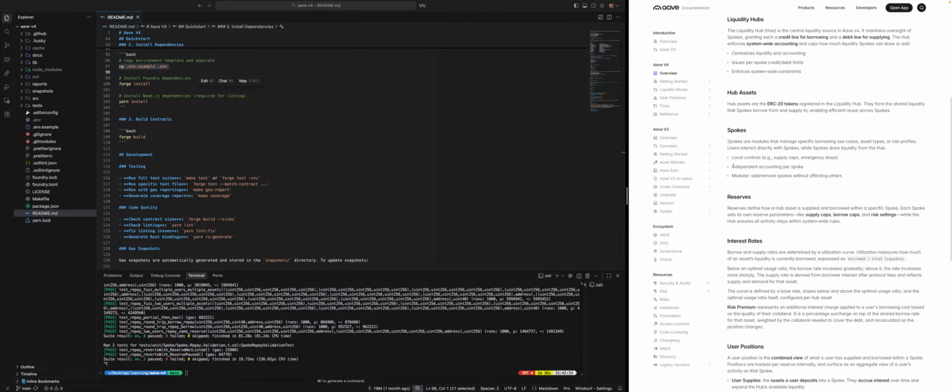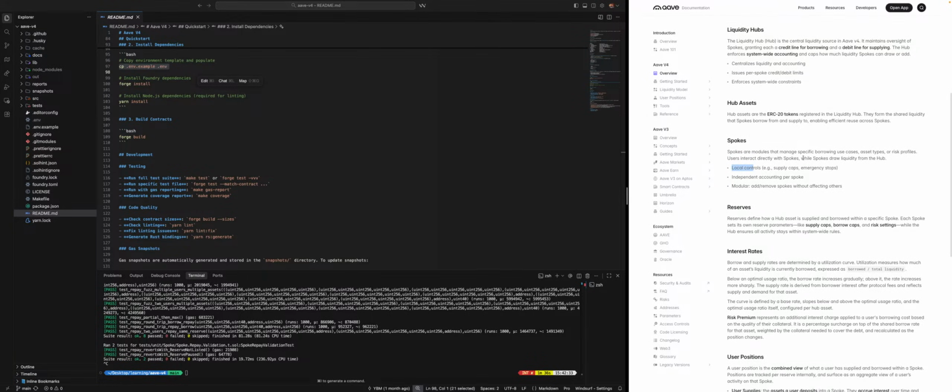And so here there are some restrictions. In the liquidity hub, we can set the max cap of credit lines for spokes. It has universal accounting within the liquidity hub itself, but in the spoke we also have local controls of supply caps and emergency stops.